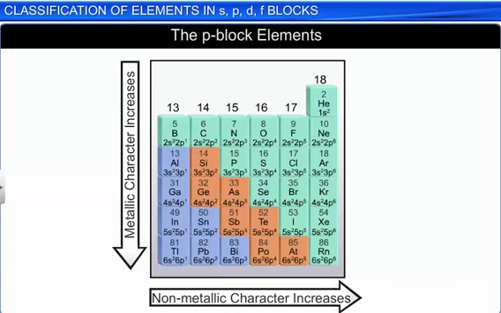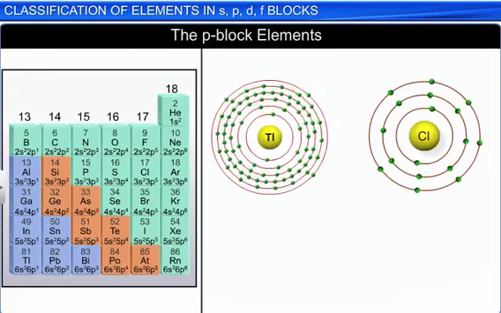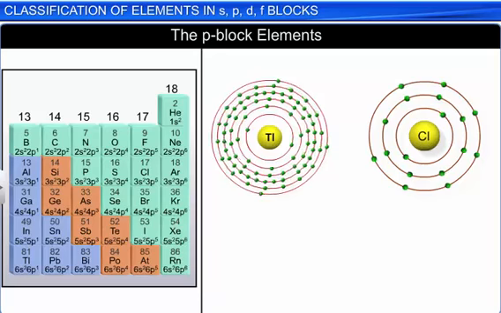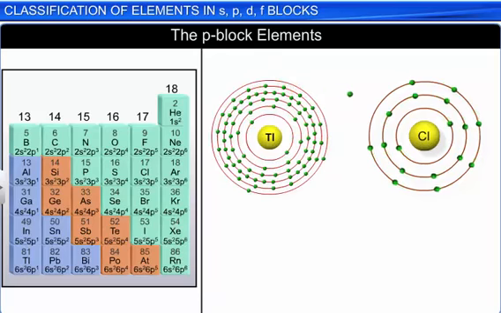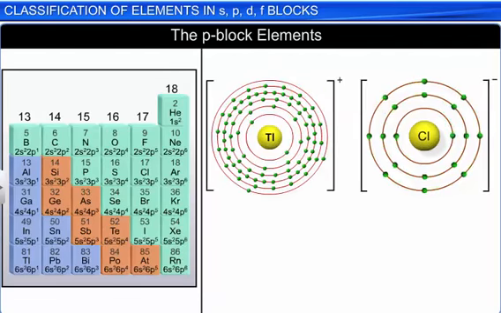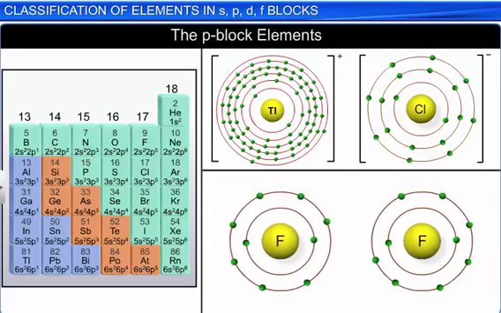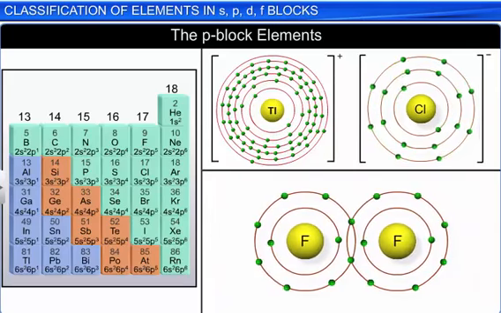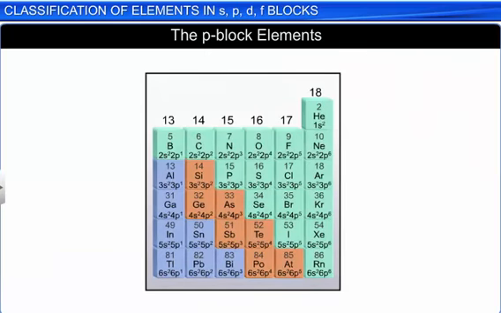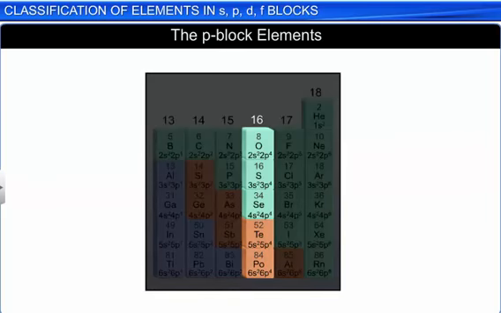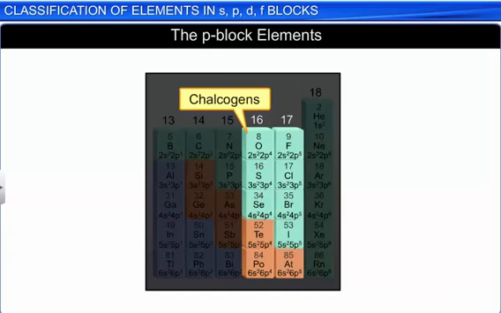The p block elements form compounds by loss or gain of electrons, or by sharing the valence electrons. That is, they form both ionic as well as covalent bonds. Two chemically important groups of p block elements are group 16, the chalcogens, and group 17, the halogens.